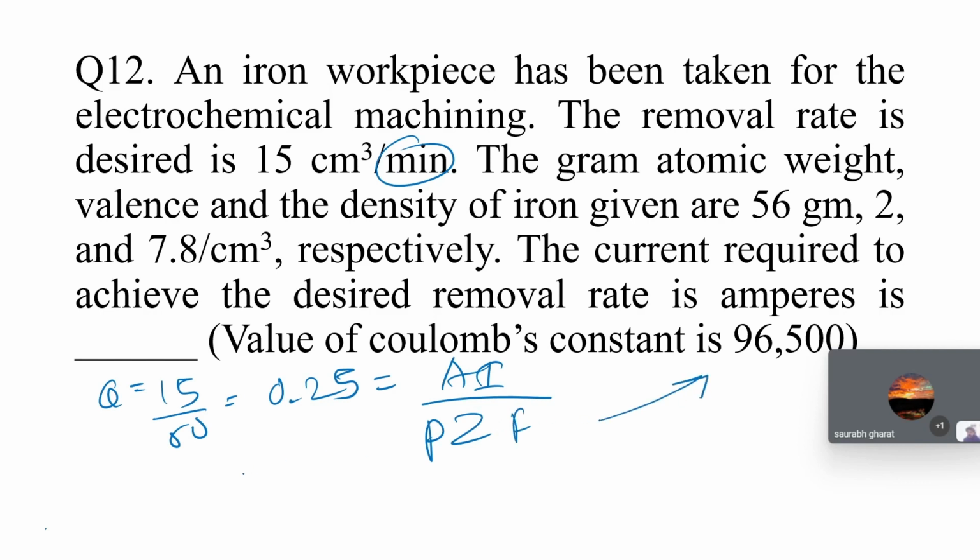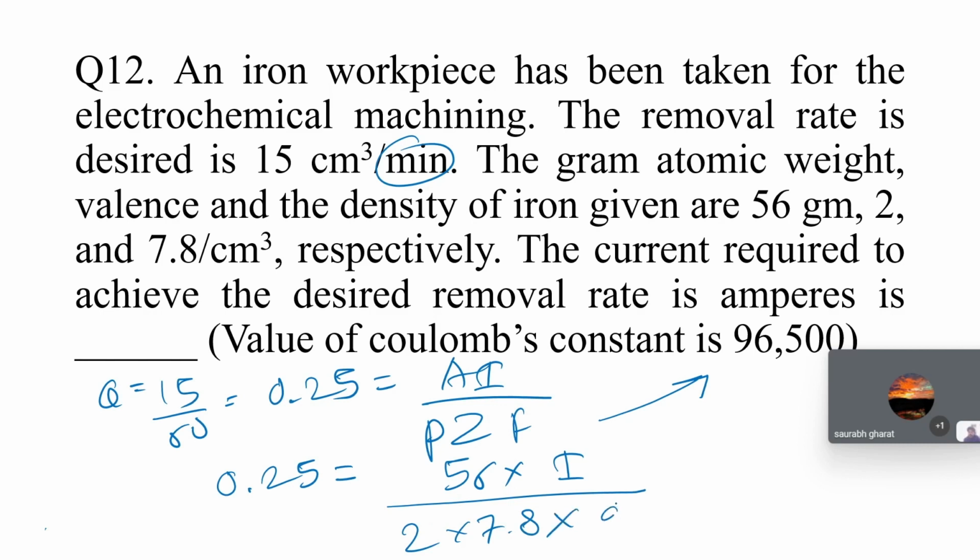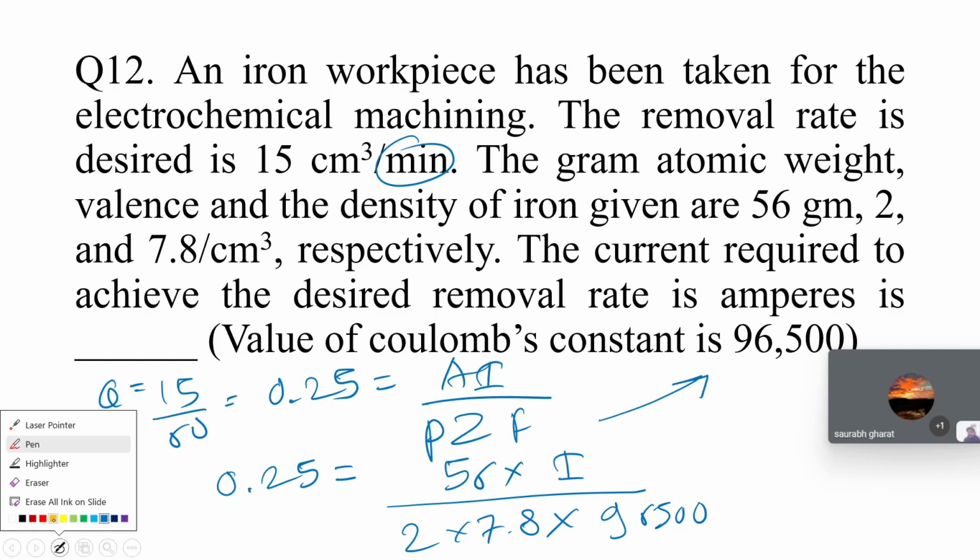So calculate: 0.25 is equal to 56 into I, then the same problem, that is 2 for valency, 7.8 density, and 96500. Exactly the same.